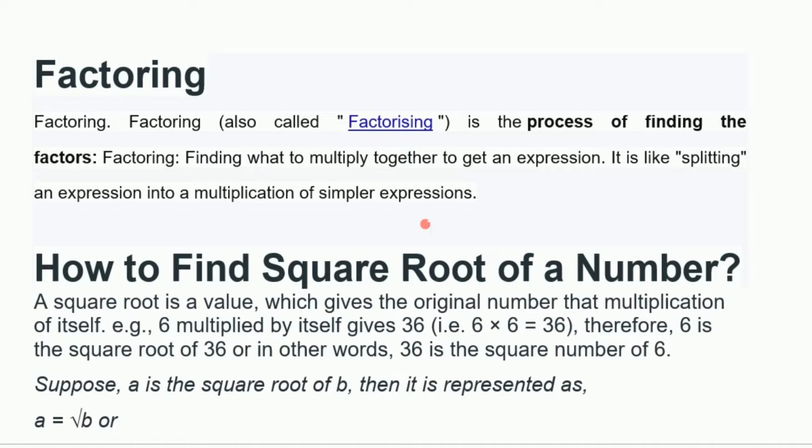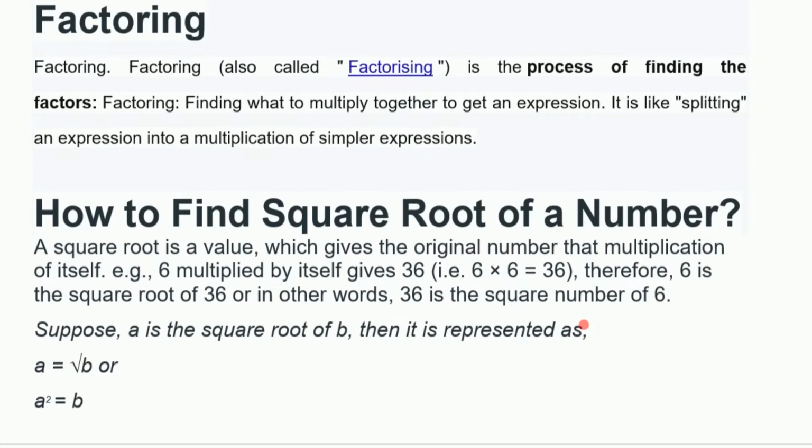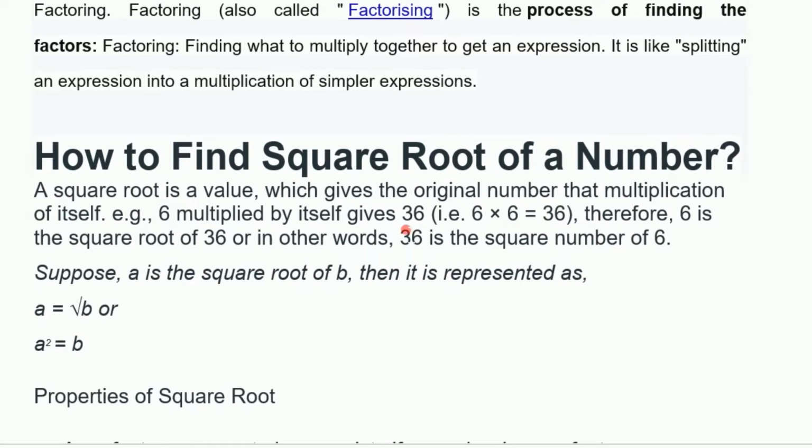So for example, how can we find the square root of a number? A square root is a value which gives the original number when multiplied by itself. For example, if I take the square root of 4, 2 into 2 is 4. Example, 6 multiplied by itself gives 36.